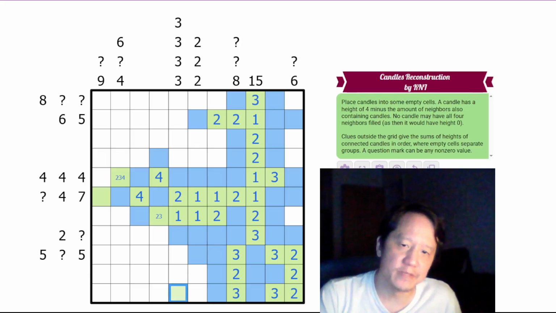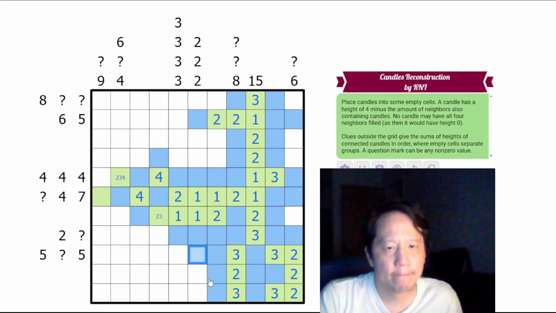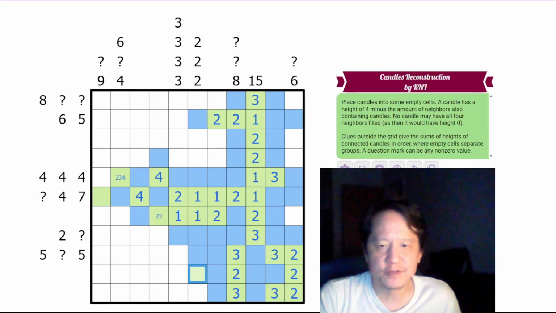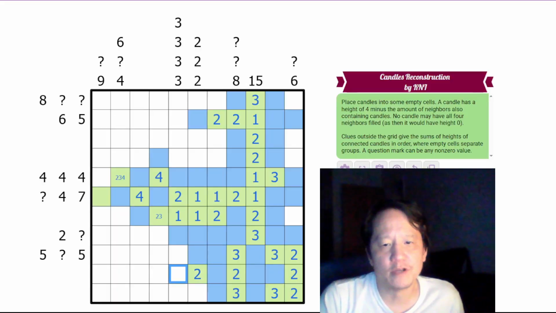Can this be green? I guess it could be 3 and these are all blue. Can this be green? Okay, so if this is green, that's 2. Well, it could be 1 and 1. It can't be 1. Okay, so if either of these are green, it's 2, definitely.